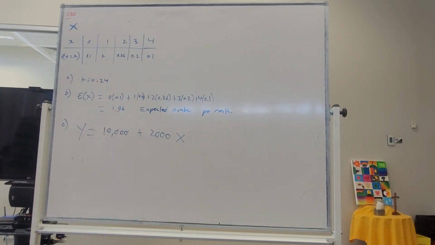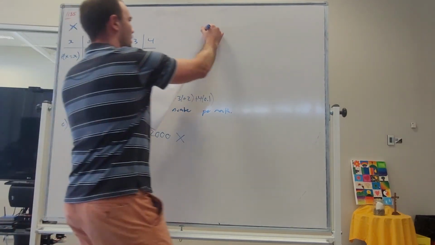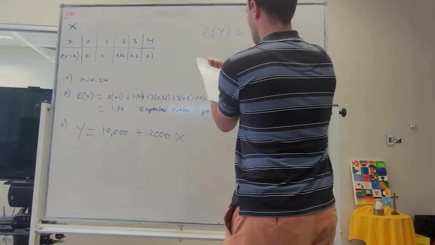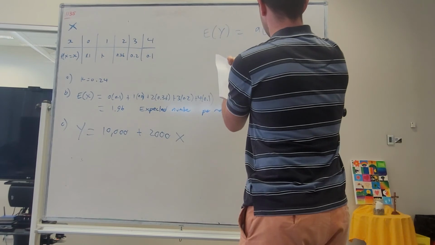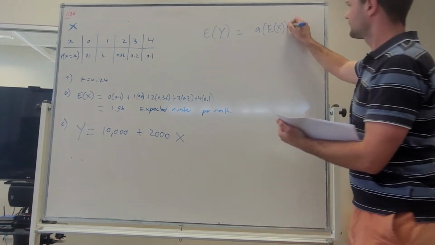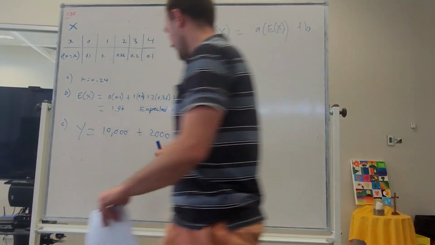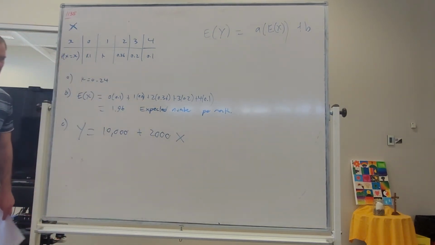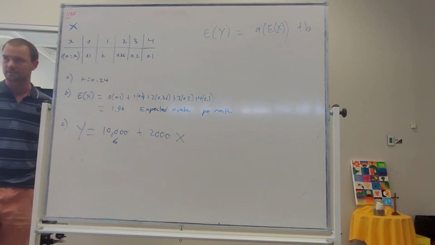Then to find E of Y, we're just going to use that first equation that we developed over here. E of Y, I'll write it up again, is A times E of X plus B. So we've got to identify our value of A and B here. This is our value of B because it's the constant term.